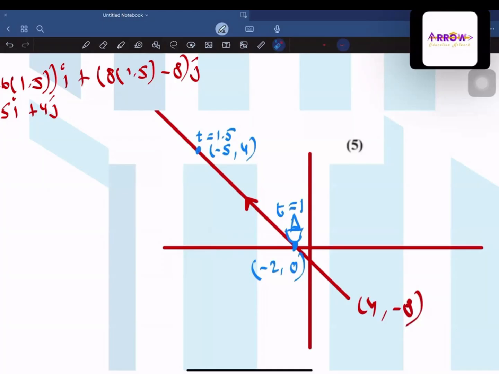It cannot change over time. What can change over time is the position of the ship, and you are the passenger on the ship, so your position vector changes with time. When t equals 1 you are over here, and at t equals 1.5 you are over here.